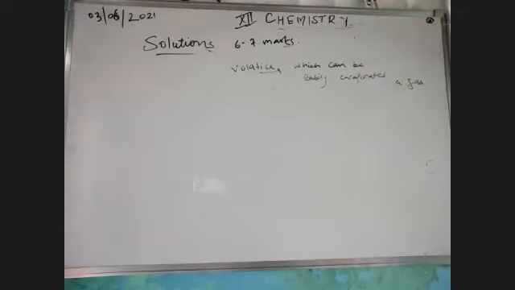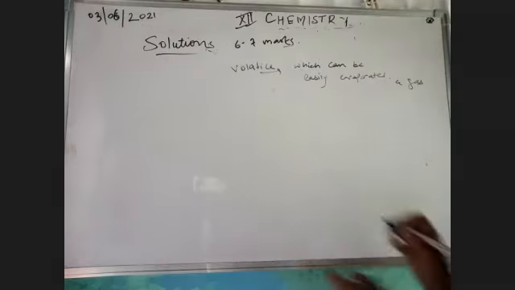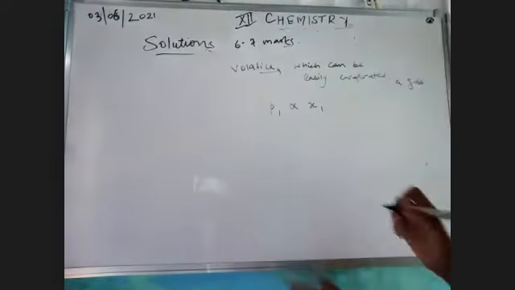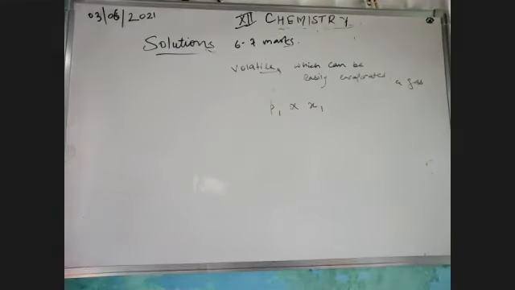For volatile liquids, the partial vapor pressure of each component is directly proportional to the mole fraction of that particular component. So according to him, P1 is directly proportional to X1.